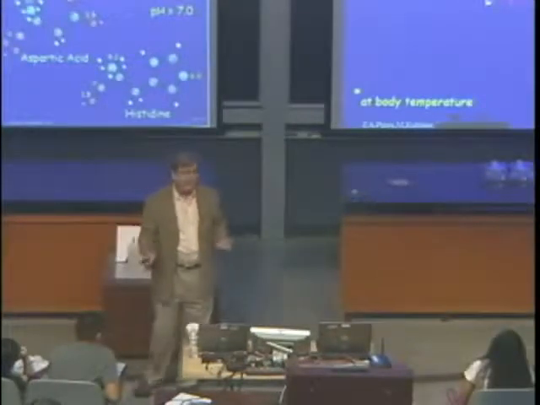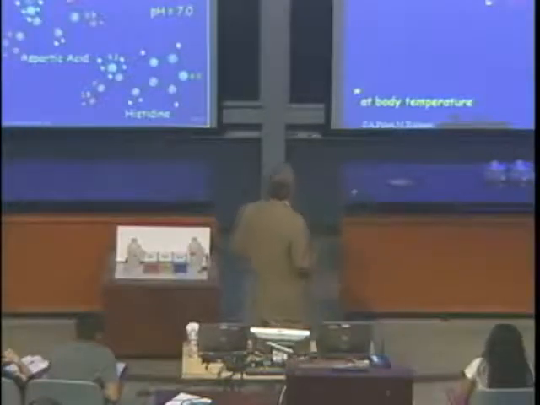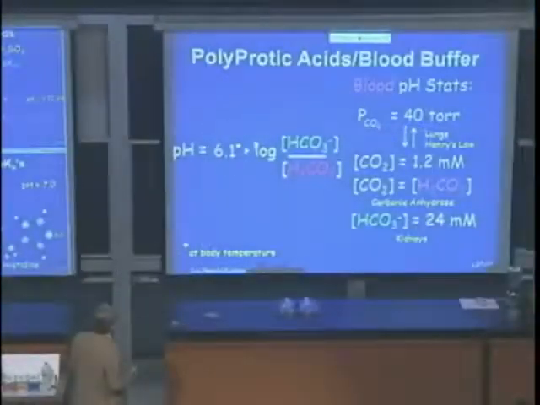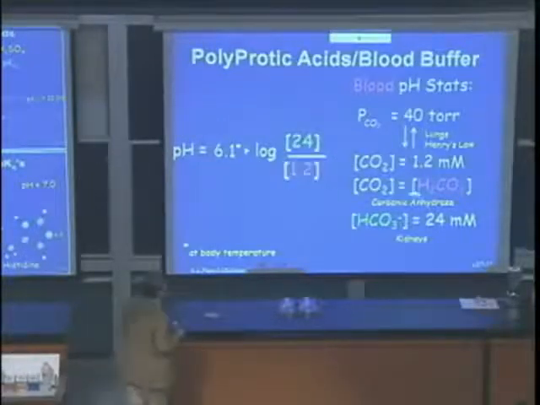You know that the equilibrium constant depends on the temperature. It's 6.1 at 37 degrees Celsius, the pKa of this equilibrium, not 6.37. So we take the logarithm of 24 divided by 1.2.